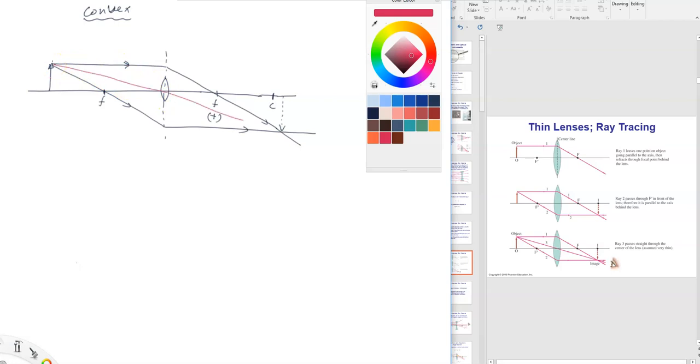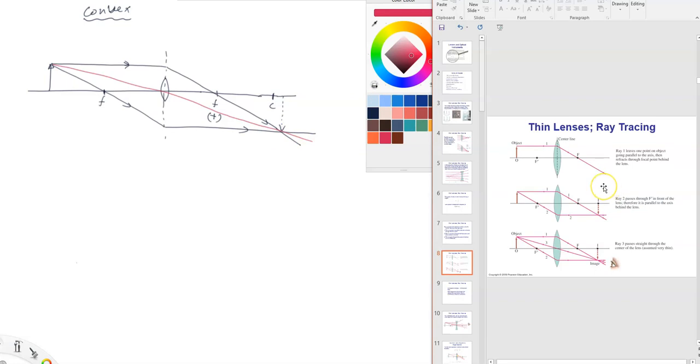And that should also go through this same point. Alright, so basically we use three lines. The parallel one bends and goes through F. One that goes through the center does not bend. One that goes through the F on the other side comes out parallel. Okay? Alright.